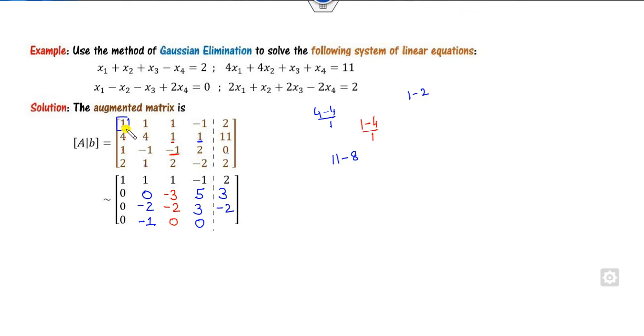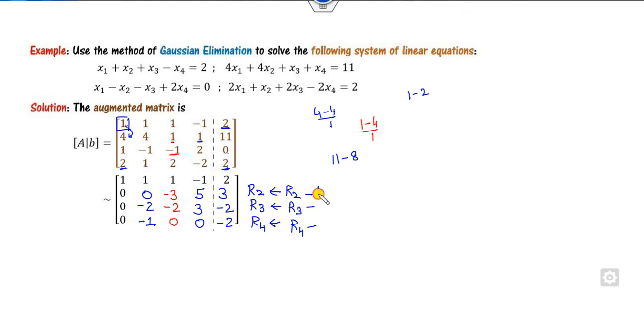Remember, always start from the box element. This value, this value, this value. So 2 minus 4 is my minus 2. So you have to make R2, R3 and R4 as a 0. So you can write the operation as R2, R3, R4 minus minus minus. What is the opposite of this?